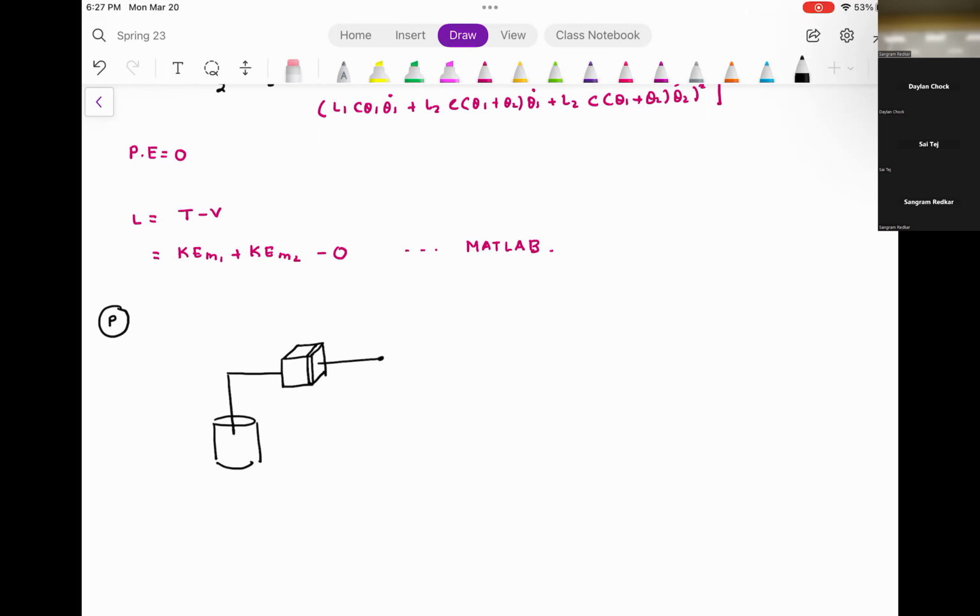So this is called the revolute joint R, and this is the prismatic joint. This is my first frame, and this is my second frame.